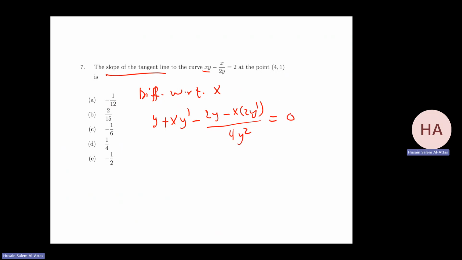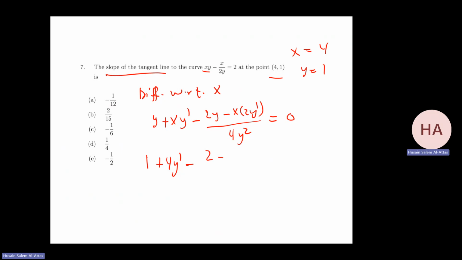That equals 0. Okay, substitute. I have x equals 4, y equals 1. Be careful with the calculation. This is 4. No, not 4, 1. Be careful. 1 plus 4 y prime. X equals 4. Minus. Here I have 2.